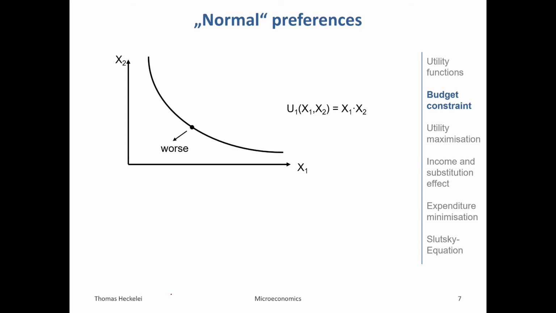And then again, it is worth stressing that anything to the left of the indifference curve means we are worse off. So we get a lower level of utility on the left-hand side of the indifference curve. On the other hand, if we move to the right-hand side of the curve, that means we move to a higher level of utility, so we are better off.